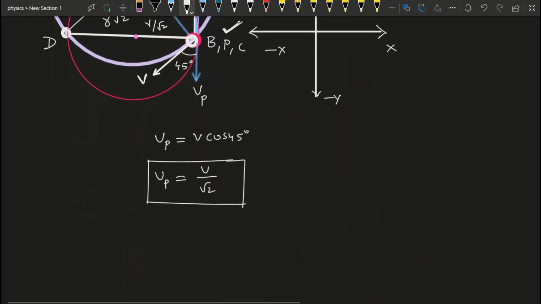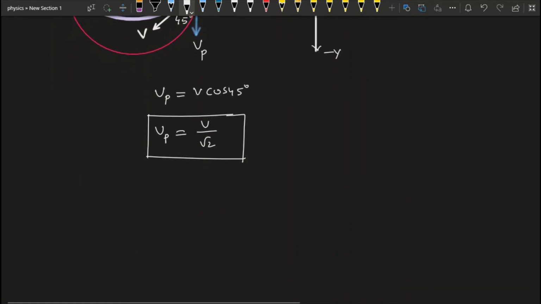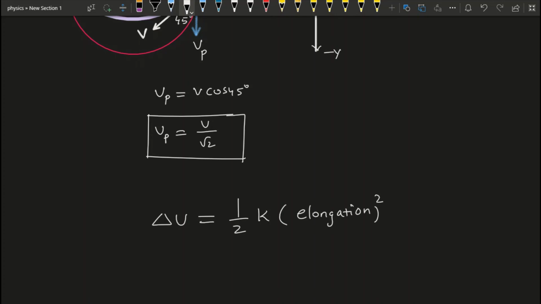Now we are going to write the expression for the change in potential energy of the system. You can simply write half k into elongation whole square. Here two chords are there, so you multiply with 2. So half k into, what is the elongation?